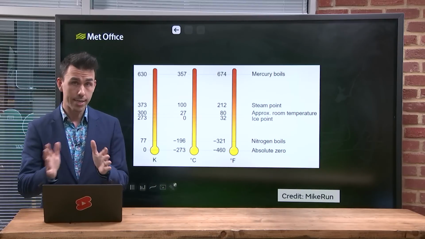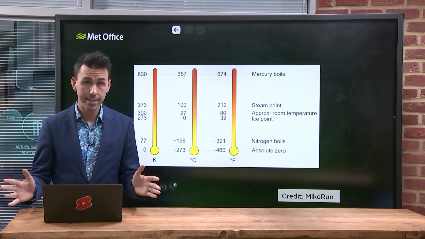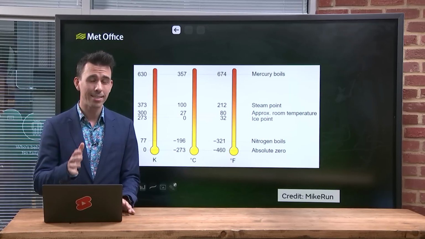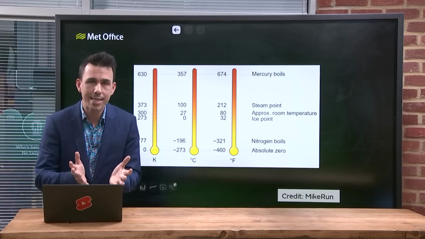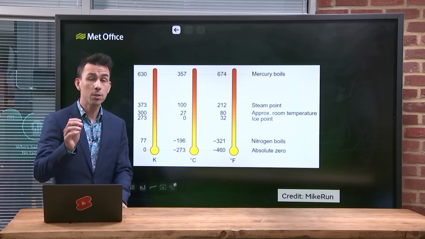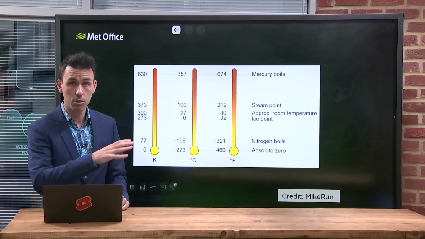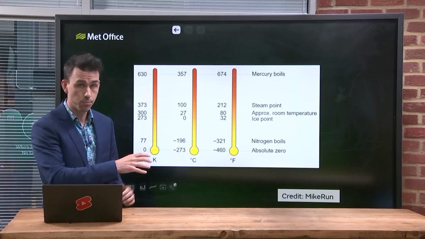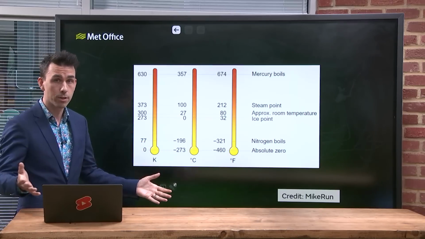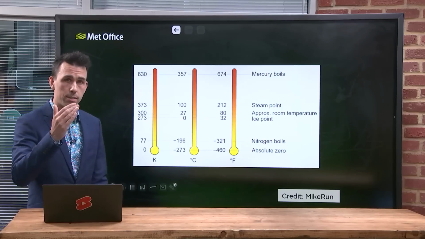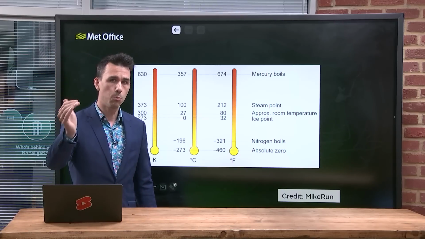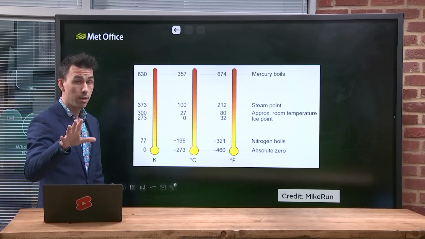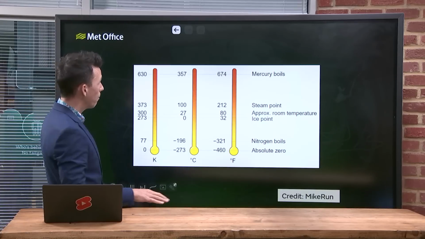And it was called the centigrade scale for many, many years, almost 200 years, until in 1948 it was internationally adopted as the standard for most countries around the world and renamed to honour Celsius. So renamed to the Celsius scale, and that's what we've got today. 0 degrees is the melting point of water, 100 degrees is the boiling point of water, the reverse in terms of what he originally came up with.